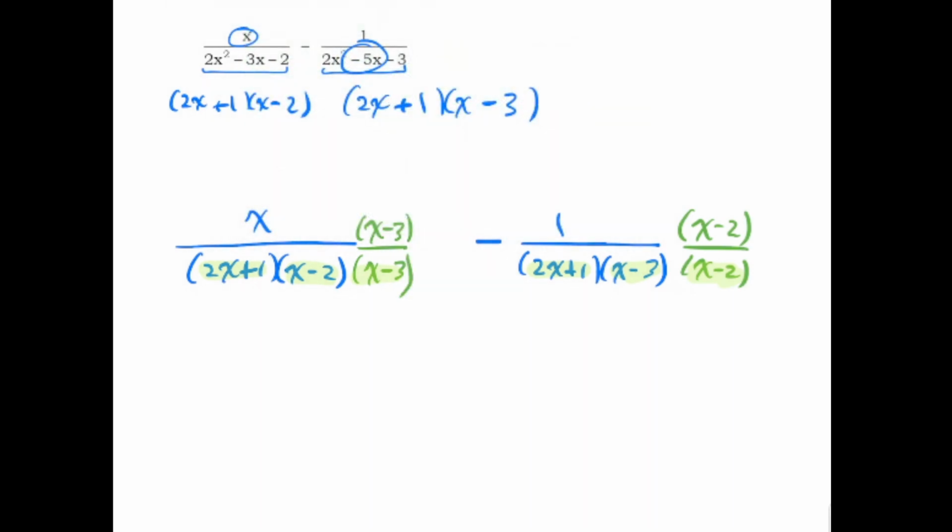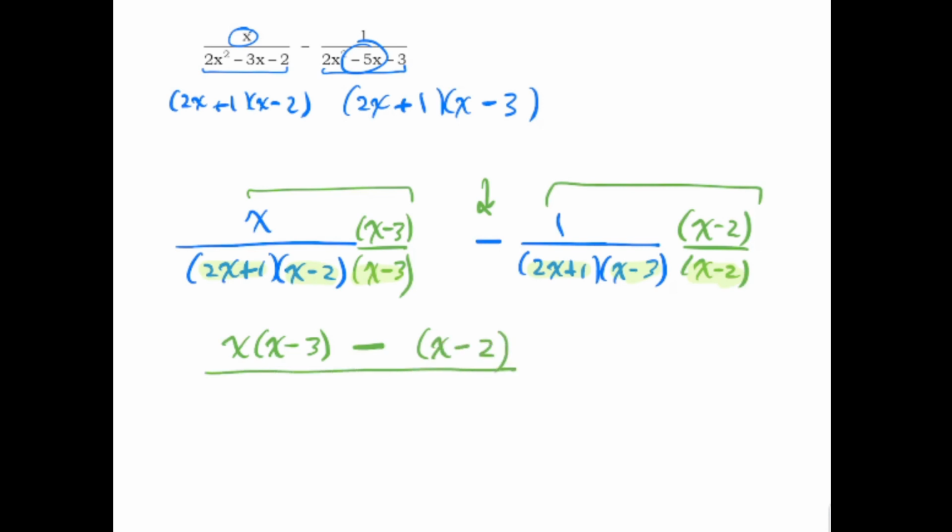Okay, cool. So now I can go across the top. Across the top, take this big thing, x times an x minus 3, minus. Now take this big thing, which isn't much, it's just 1 times x minus 2, which is 1 times anything is itself, right? And then I guess I'll write this down just to be good.